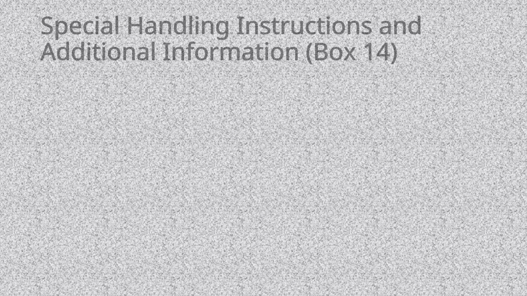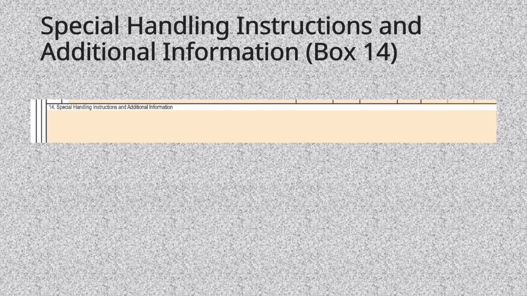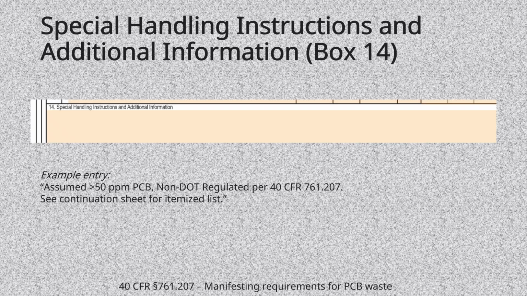Box 14 is where you include any special handling instructions or additional information about your shipment. For PCB shipments, this section must clearly identify the waste type. For example, assumed greater than 50 parts per million PCB, oil-filled equipment, non-DOT regulated PCB waste per 40 CFR 761.207.